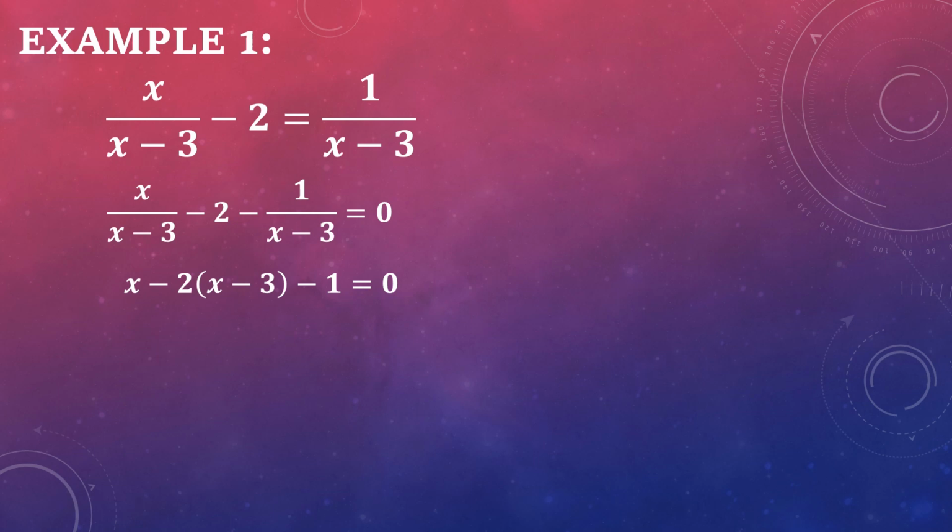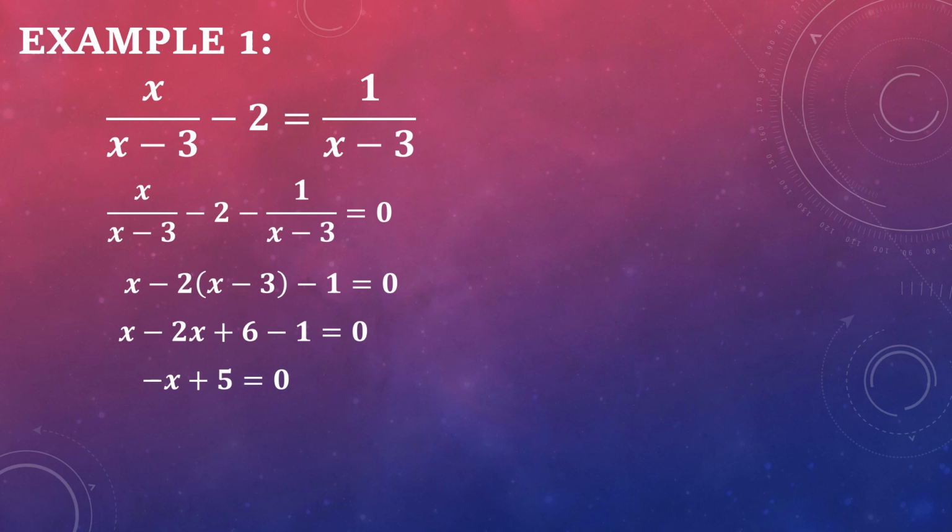We multiply 2, applying the distributive property on the middle expression. Okay, so we copy x. Negative 2 times x is negative 2x. Negative 2 times negative 3 is positive 6, minus 1, which is equal to 0. That's the answer: x minus 2x plus 6 minus 1 equals 0. We combine like terms. x minus 2x is negative x, and 6 minus 1 is positive 5, which is equal now to 0.